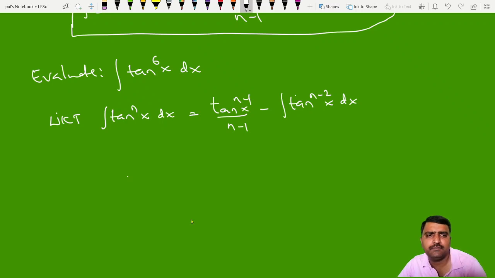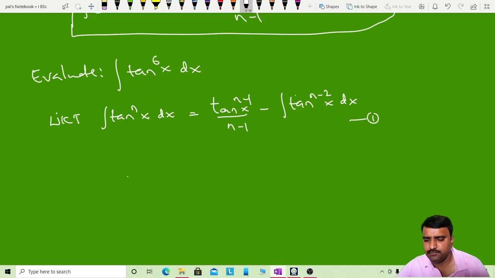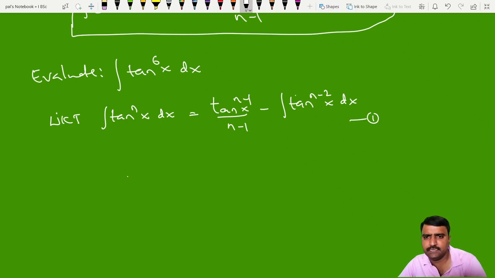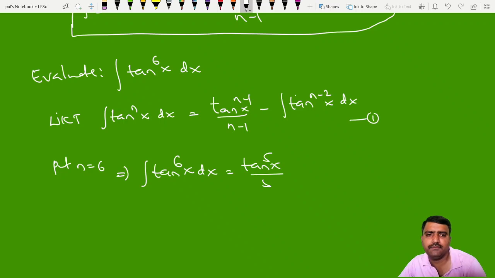In this formula, call this equation 1, put n is equal to 6. If you take n is equal to 6 here, it implies that integration of tan to the power 6x dx is equal to tan to the power 6 minus 1, that is 5x by 5, minus integration of tan to the power 6 minus 2, that is 4x dx.